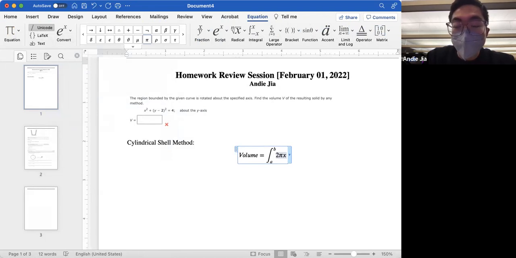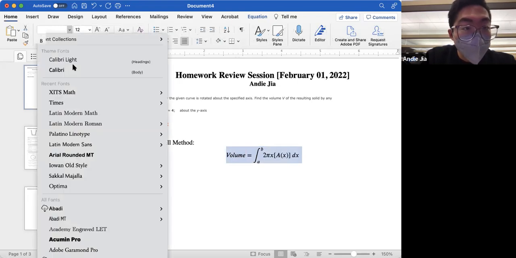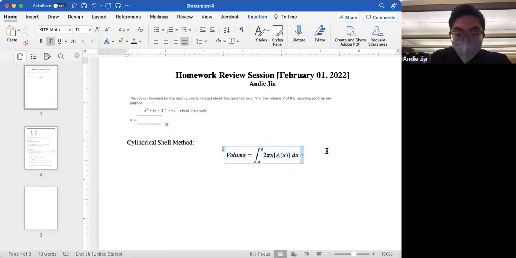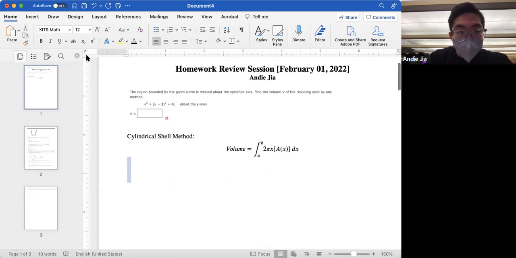There's an outer radius and inner radius, but we don't care here. So just the area function, and then dx. This is the volume.